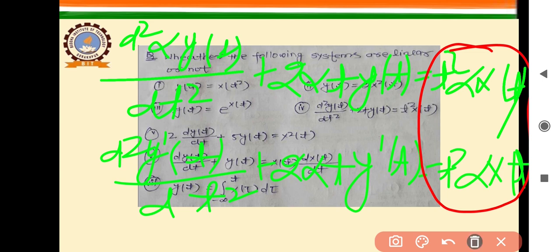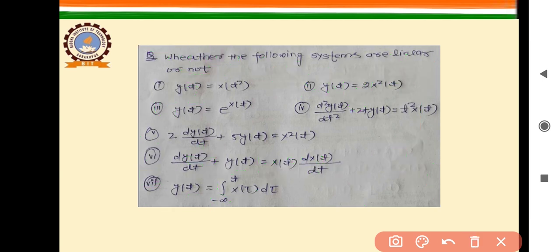Again, the next example is 2 dy by dt plus 5 y t is equal to x square t. There is a clue here that the given term is x square t. So when I replace x by x1 and x by x2 and add them up, it will give x1 square plus x2 square.